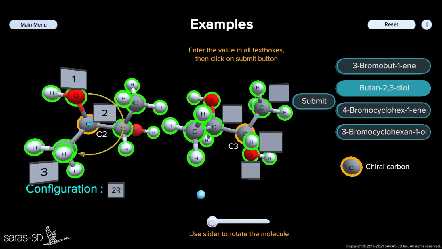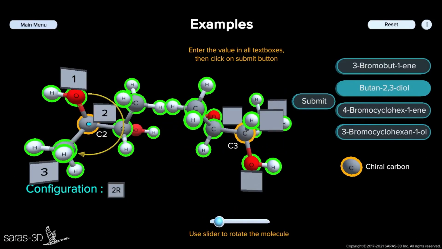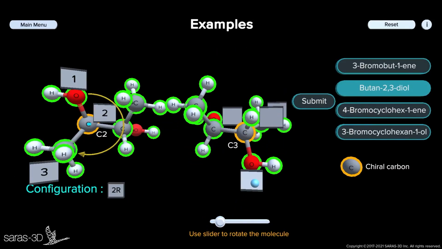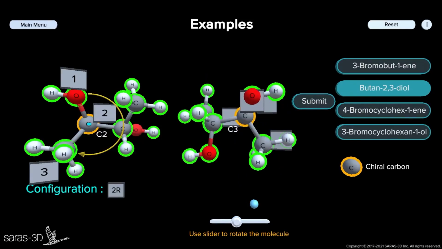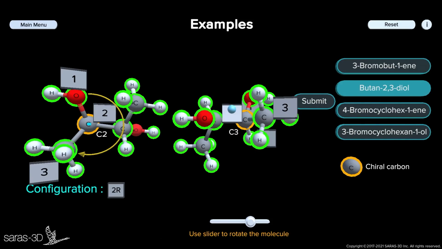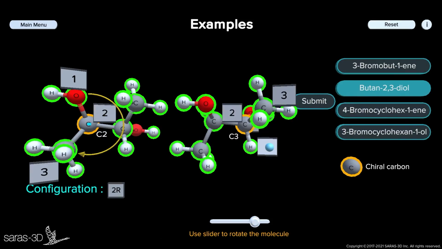The same situation follows for the third chiral center, because the groups bonded are identical. For the third chiral center, the OH will be assigned the first priority. The methyl will be assigned the third priority. This bulky group will be assigned the second priority. And the hydrogen will be assigned fourth priority.